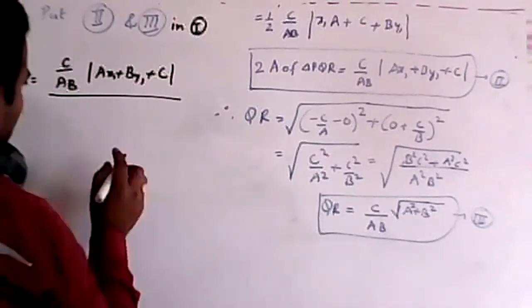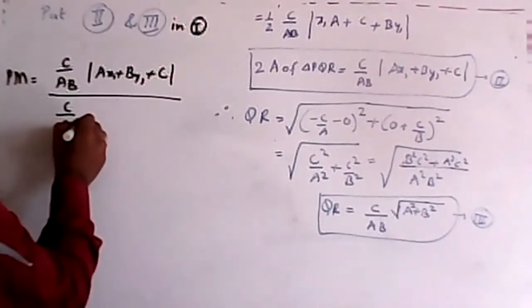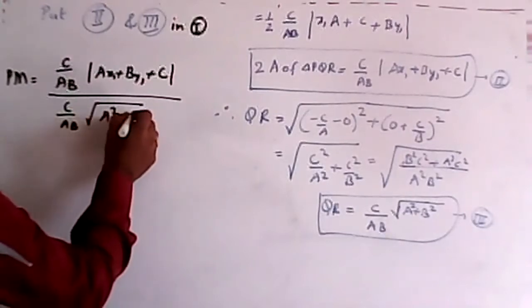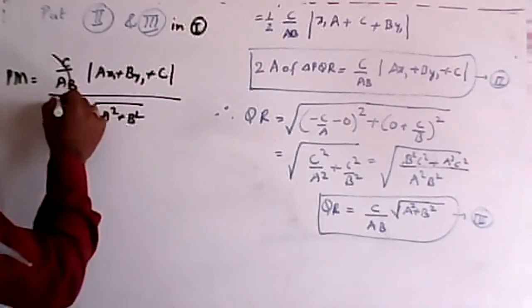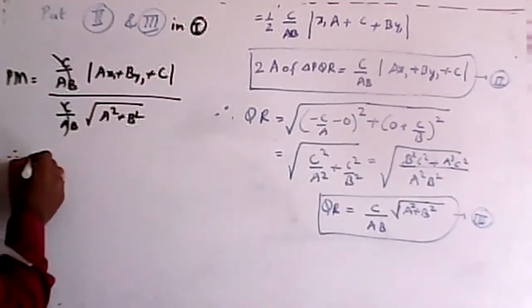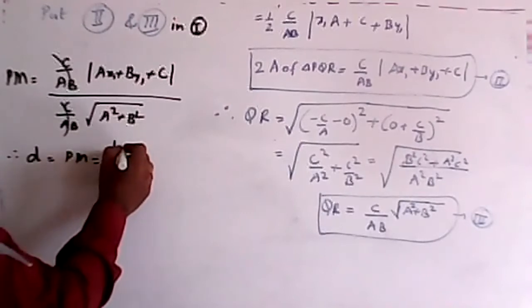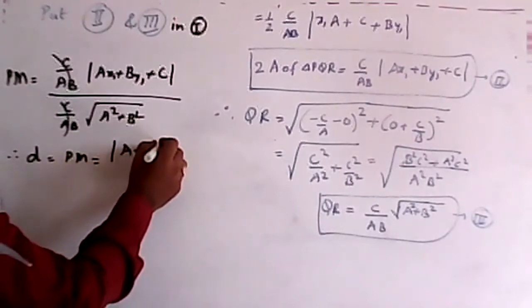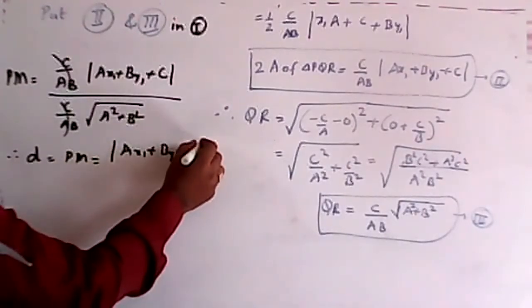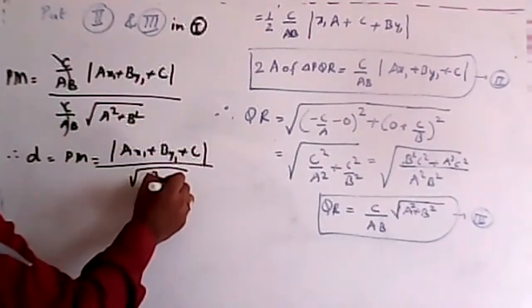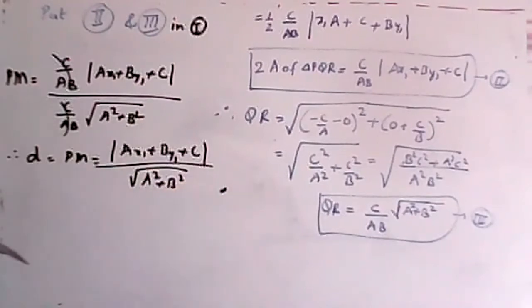QR is given here, that is c by ab into root of a square plus b square. Similar terms get cancelled. Therefore, the distance PM is equal to modulus of a x1 plus b y1 plus c divided by root of a square plus b square. So this is the formula which gives the distance of a point from a line.